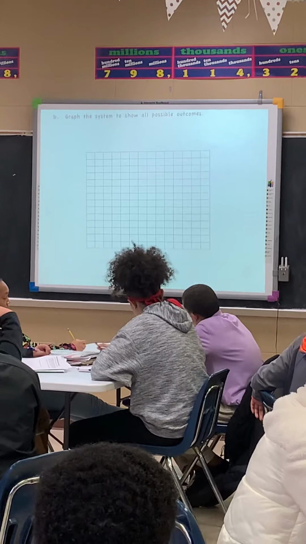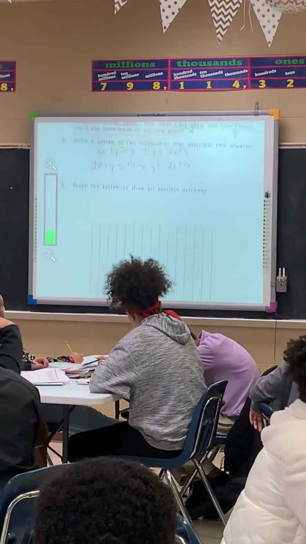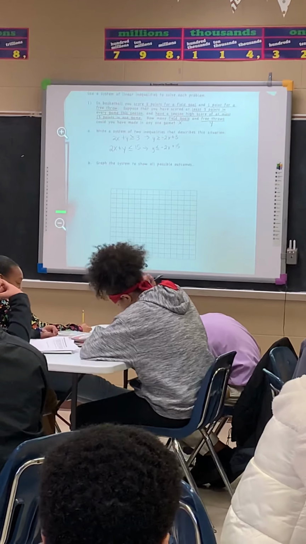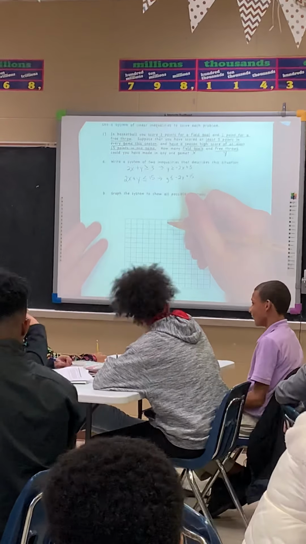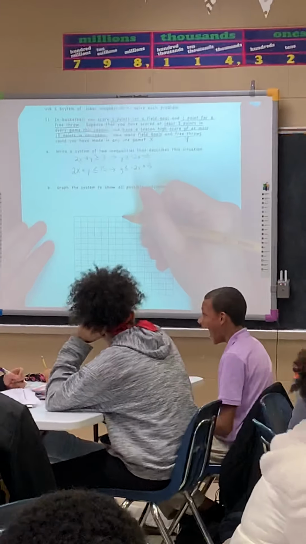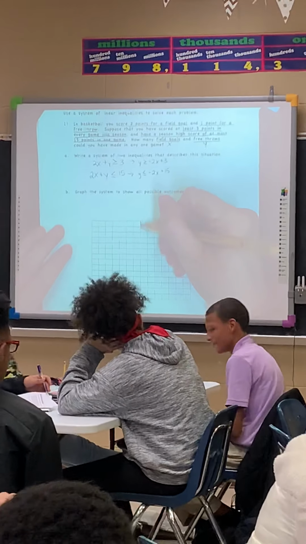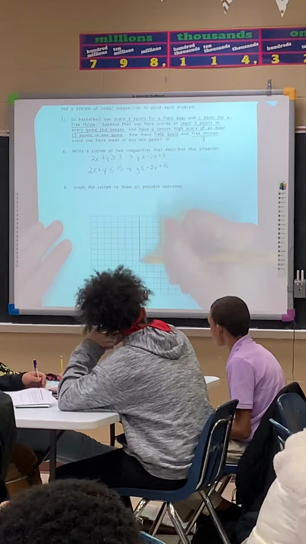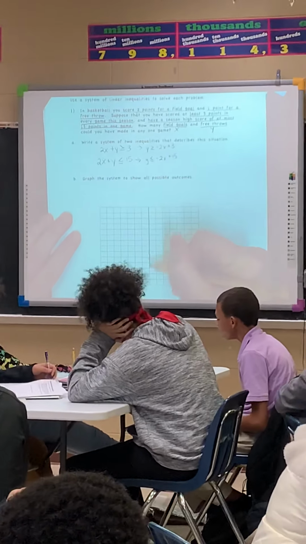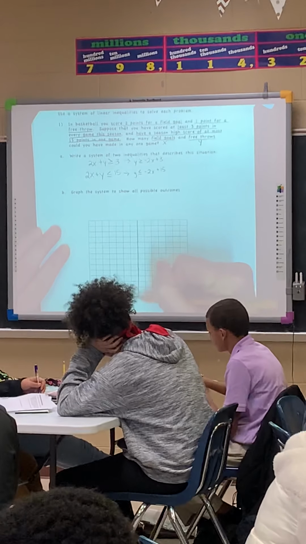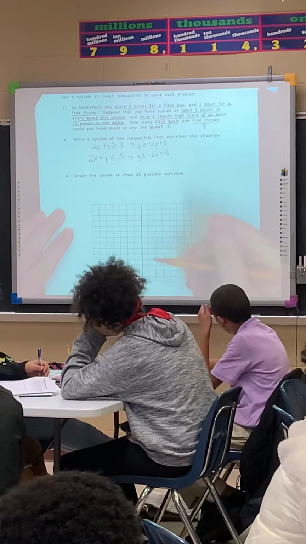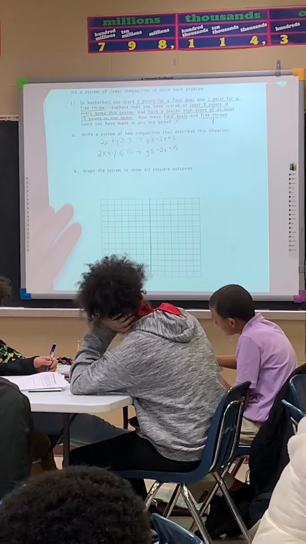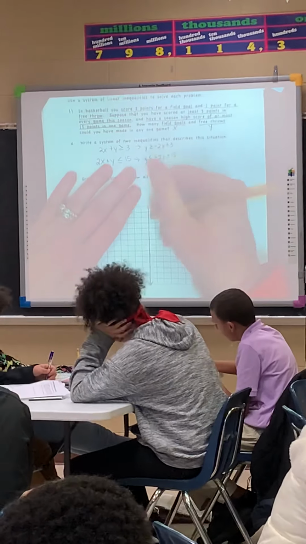So let's go to here. I'll zoom out. Alright, so now, well, they're all the positive coordinates, so actually let's do it this way.